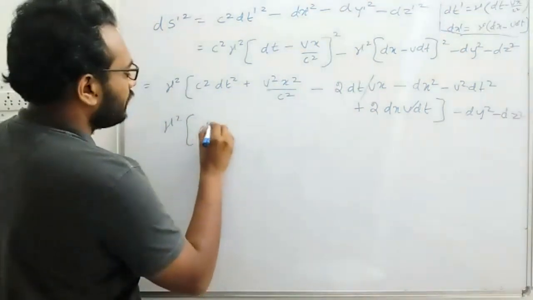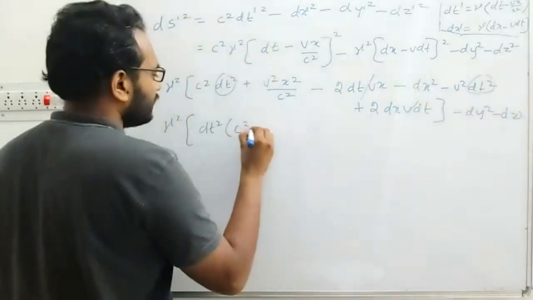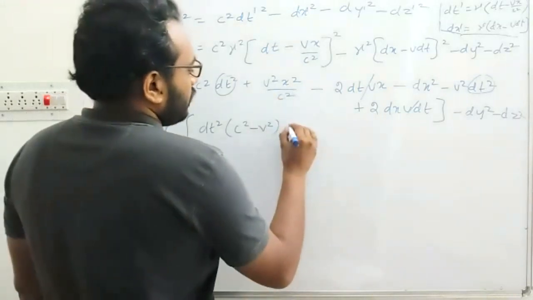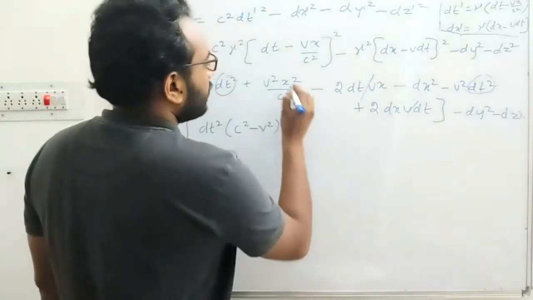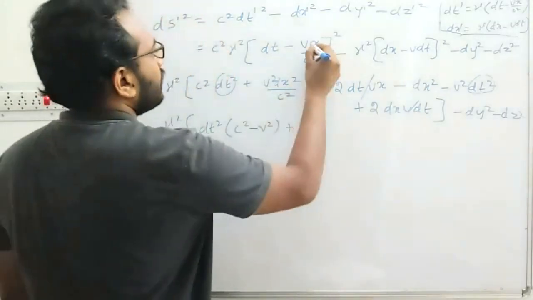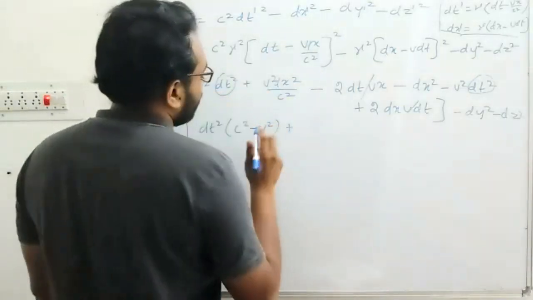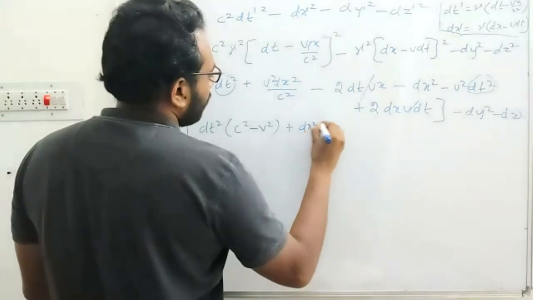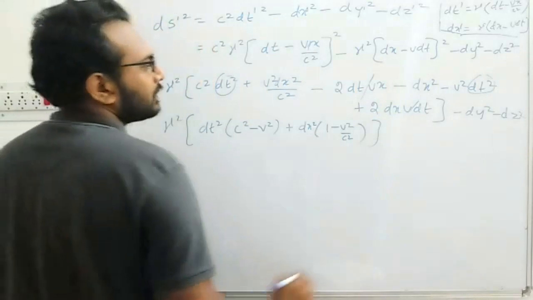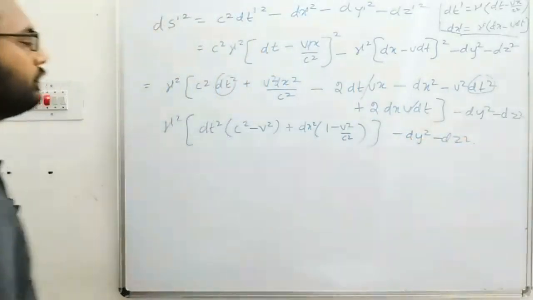There's a dt square here and a dt square there. We just combine it and write it as c square minus v square. And here we have got plus, oh, I think I missed this dx, right? Yeah. So that is dx square multiplied by 1 minus v square by c square. I've just combined these terms, minus dy square minus dz square.